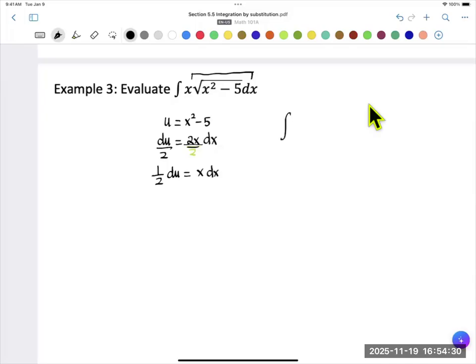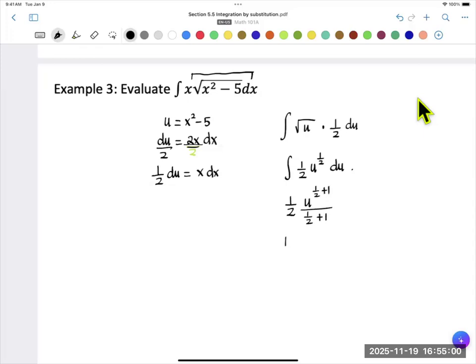For our integral, the square root of u times x dx will become 1/2 du. Because 1/2 is a coefficient, you can feel free to bring it to the front or leave it like that. We're going to have 1/2 u to the power 1/2 du. By taking the integral with the power rule, we're going to have 1/2 u to the power 1/2 plus 1, over 1/2 plus 1.